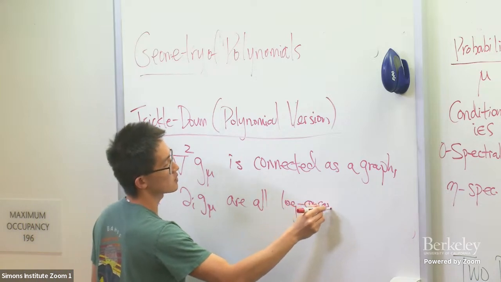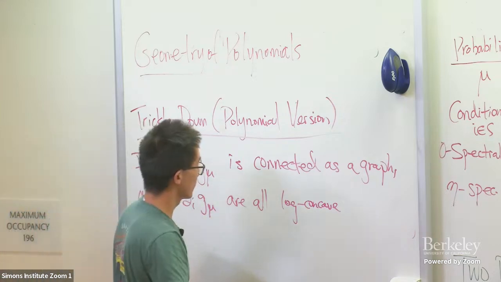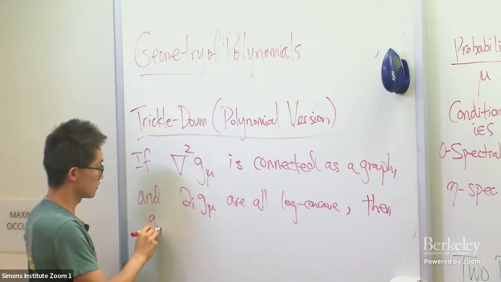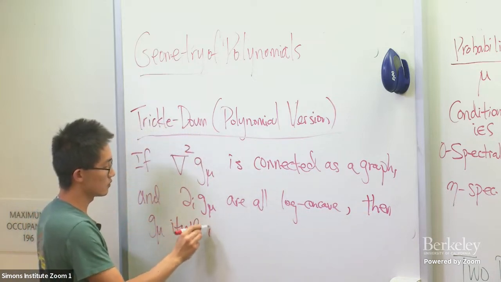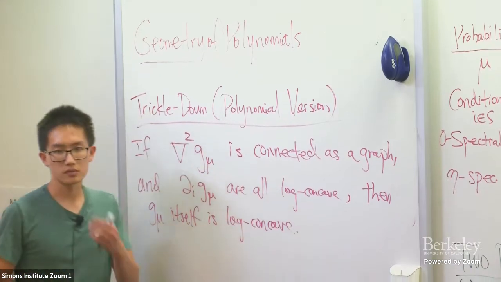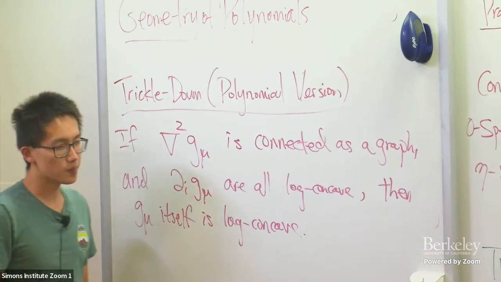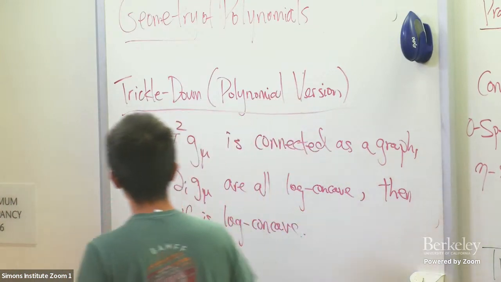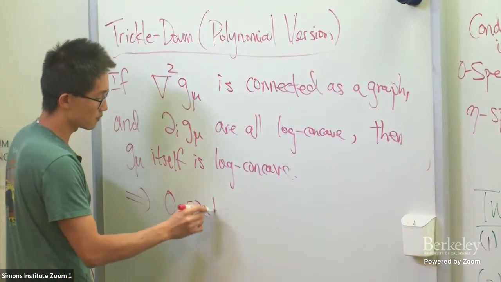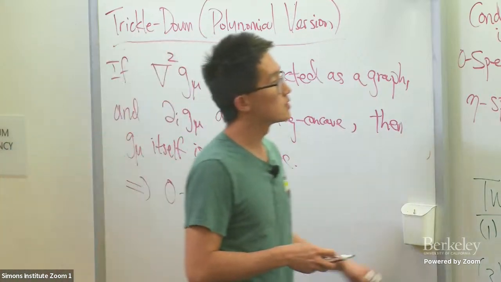This is, in some sense, a special case where I'm restricting to lambda equals 0. Then mu itself is log-concave. So in particular, this will imply zero spectral independence and so on.